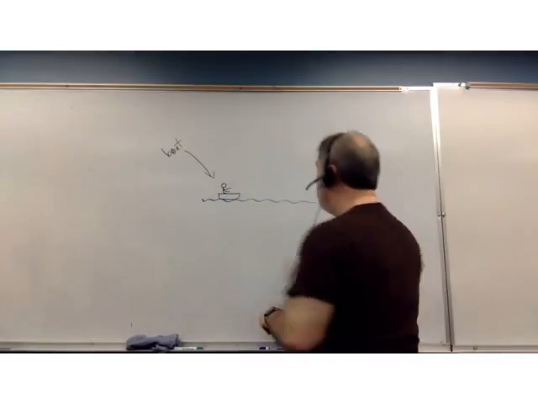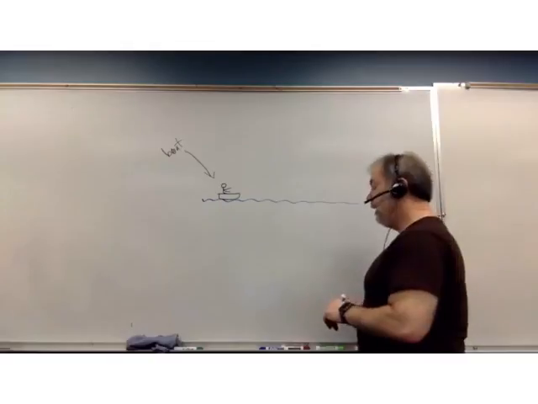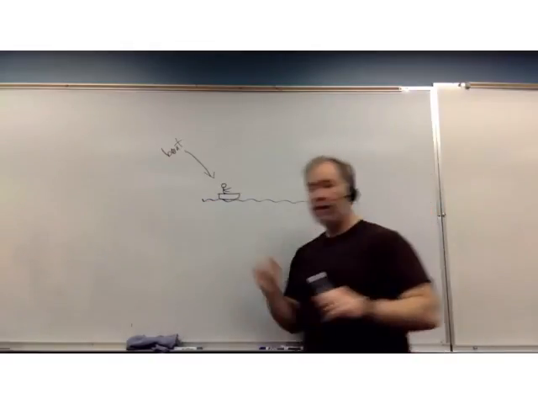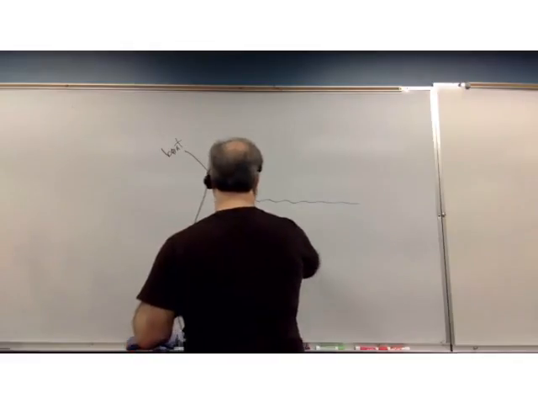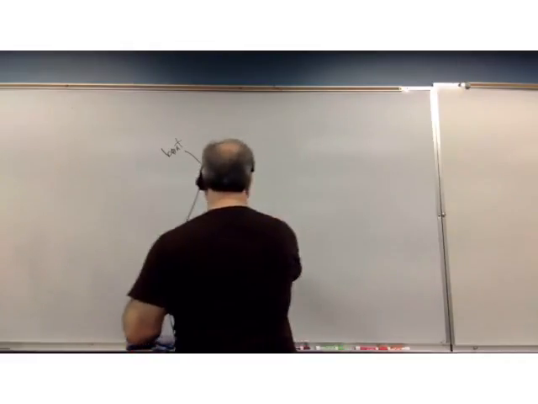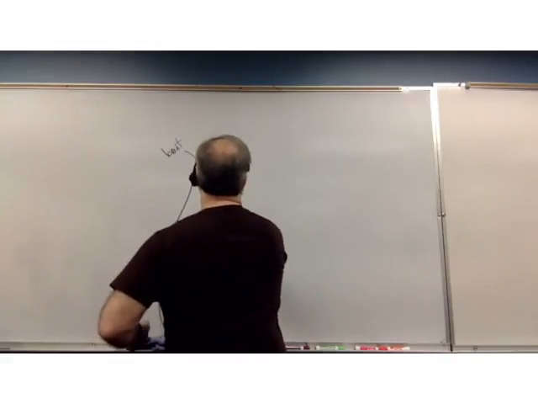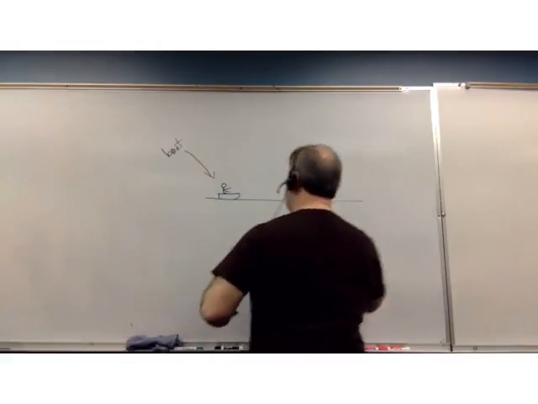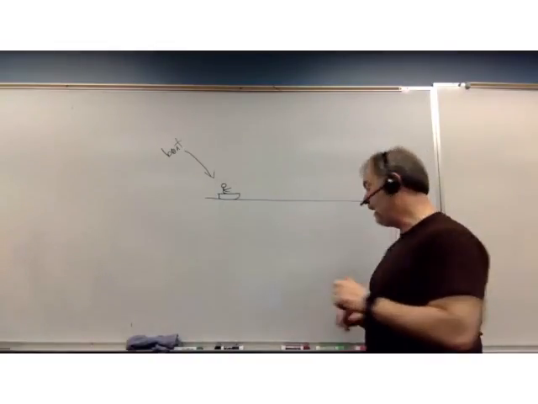Right. Now, the boat is over there, and now that I've made it clear that this is the surface of a lake, I'm going to redraw it slightly because I have a point that I want to make. Let's decide that it's a nice, calm, beautiful summer day, and so the surface of the water is just nice and flat.